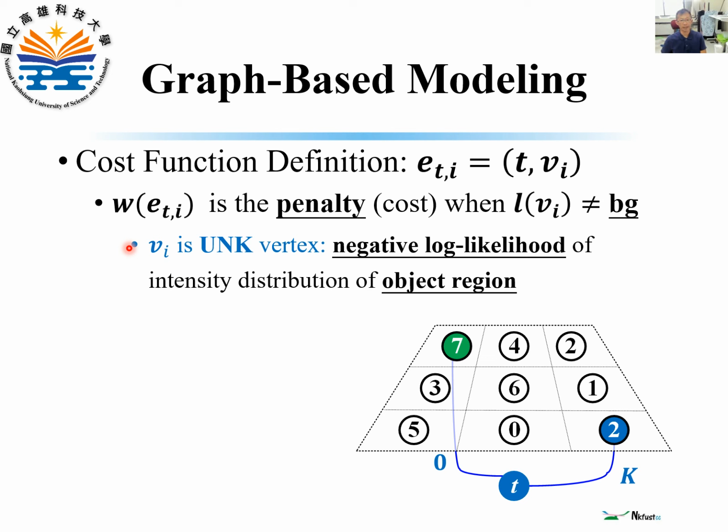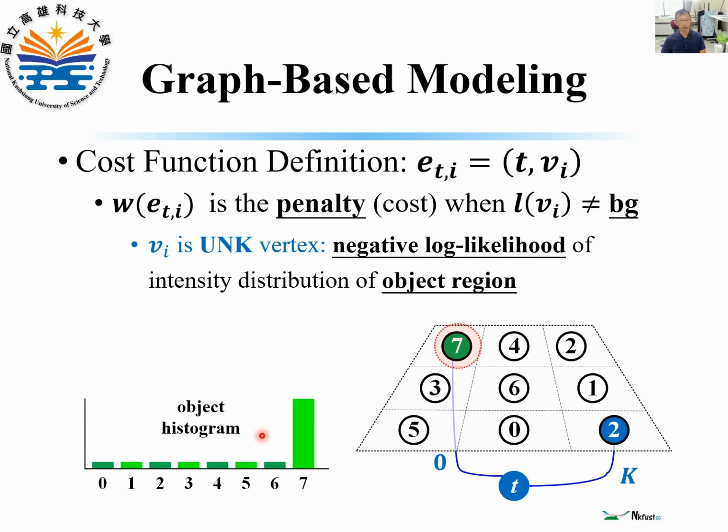For the unknown vertex Vi, the cost of the edge E sub Ti is defined as the negative log likelihood of the intensity distribution of the object region. Similarly, the object intensity distribution is represented by an intensity histogram, as shown in this picture. Then, the calculation of the cost for the edges connecting unknown vertices to sink vertices follows the same procedure as for the source terminal edges.